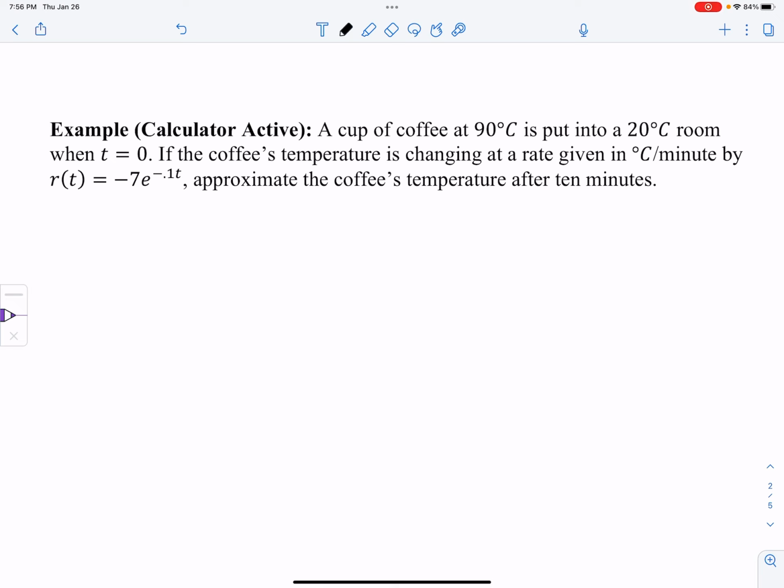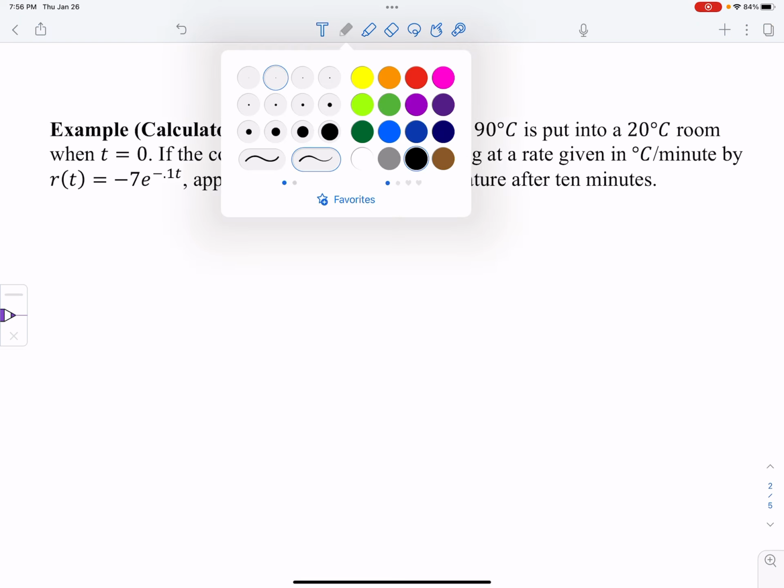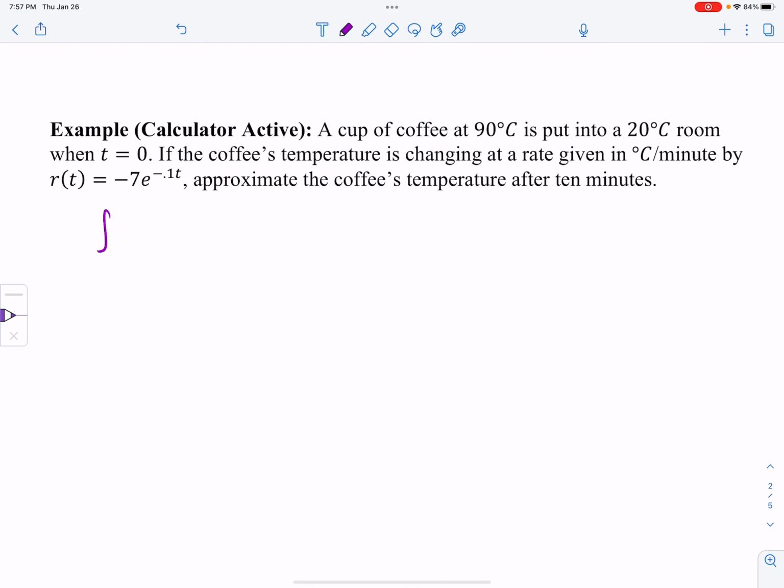To figure out the net change, we're going to integrate from 0 to 10 R of t, which we are given is negative 7 e to the negative 0.1 t. We can pull that negative 7 out front if we want. And then e to the negative 0.1 t dt. We're using dt because the independent variable is t.